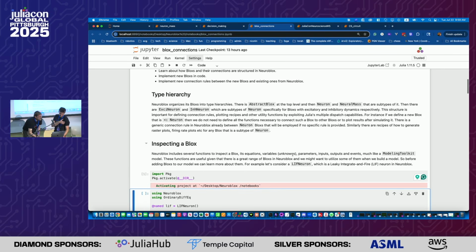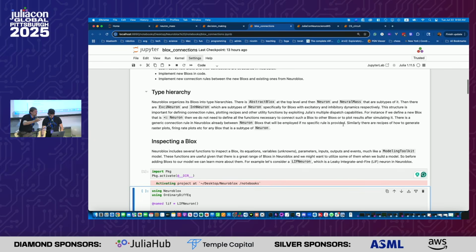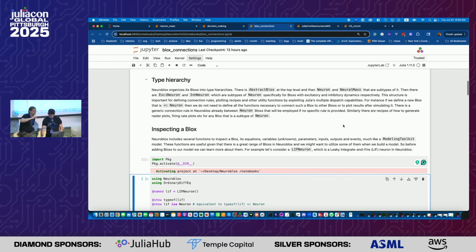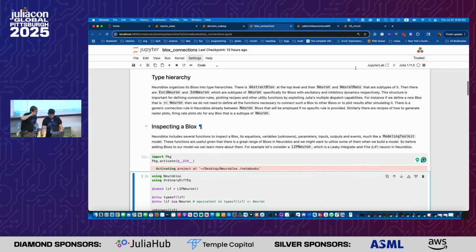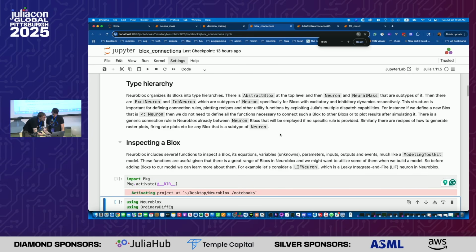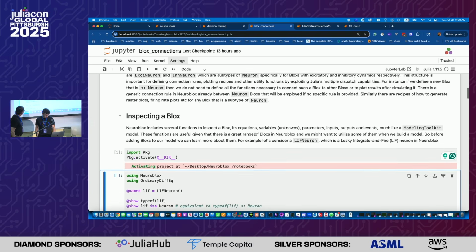This notebook is giving you an example of how to make a new block, if you wanted to create your own custom block and then create connectors for that new block. Can you zoom in a bit more? Sure. Sorry, I didn't actually look at this notebook beforehand.